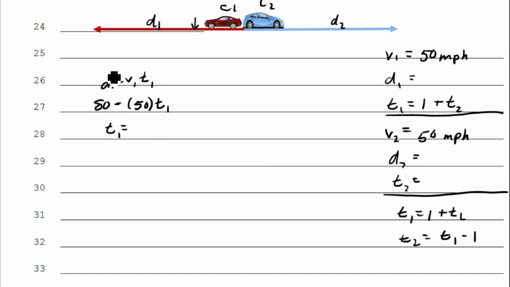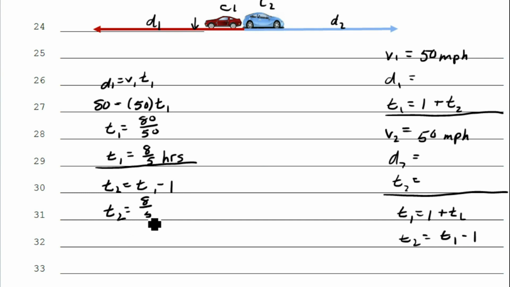Moving this over to the left side like I always do, you'll have 80 divided by 50. So T1 equals 8/5 hours. And from T1 you can calculate T2. T2 equals T1 minus 1 hour. T2 equals 8/5 minus 1, 5/5. And T2 equals 3/5 of an hour.